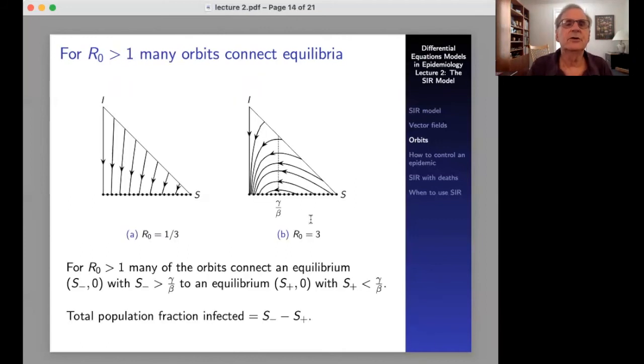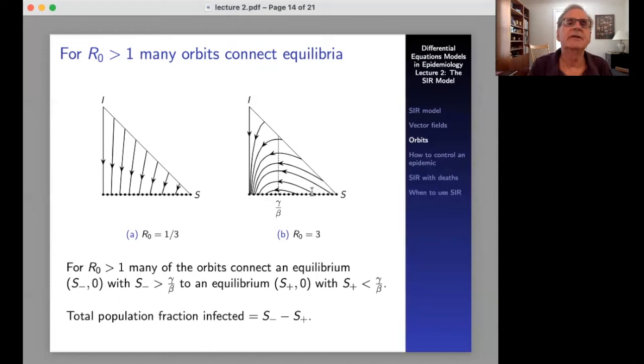Let's look a little more closely at this phase portrait when R naught is greater than 1. A lot of the solutions appear to start at one equilibrium, which I call S minus, because that's what's being approached at minus infinity. They start at one equilibrium S minus, where S minus is greater than this number gamma over beta.